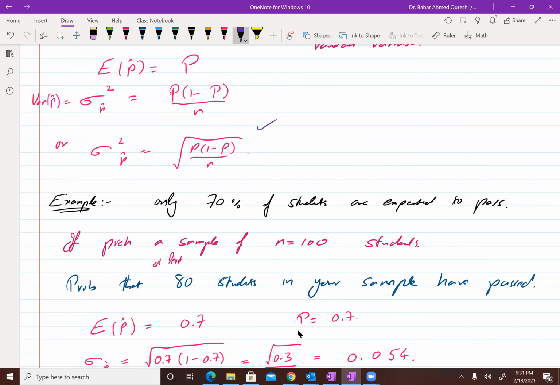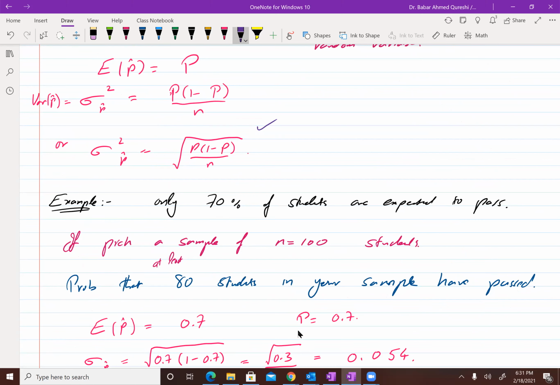For this formula, you don't need the standard deviation for the population, because in the population, the proportion is just a number. There's no standard deviation for that, right? It's a binary variable, and you're not computing the standard deviation of this binary number.